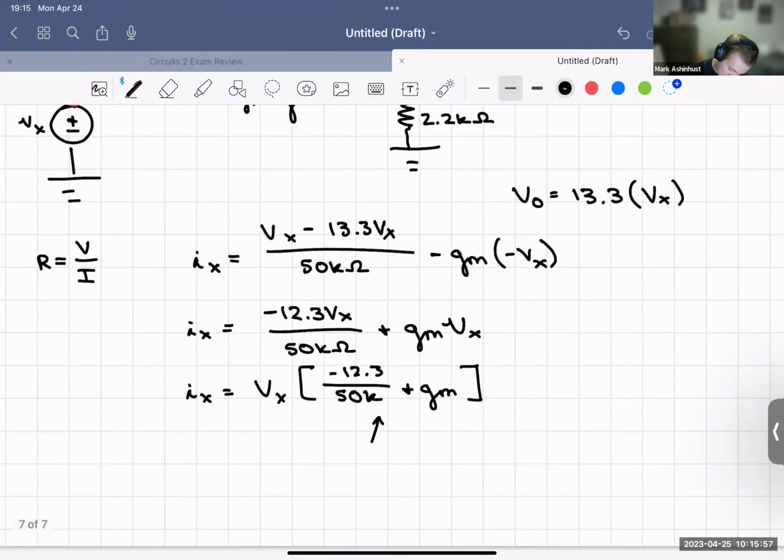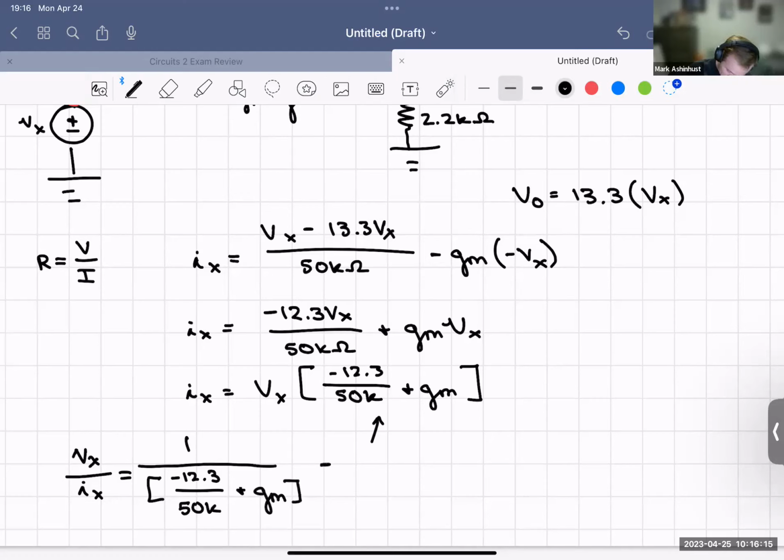So we get Vx over Ix for our input is 1 over negative 12.3 over 50K plus gm, which is roughly 165 ohms.